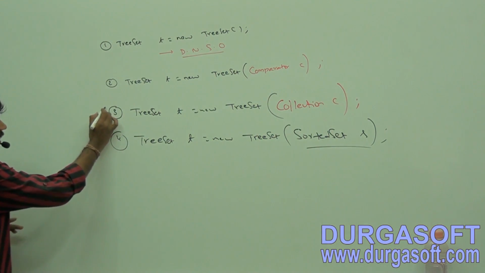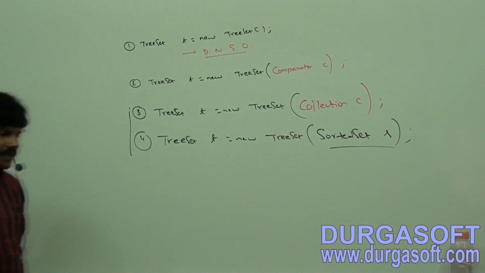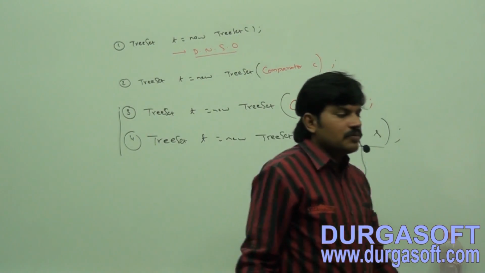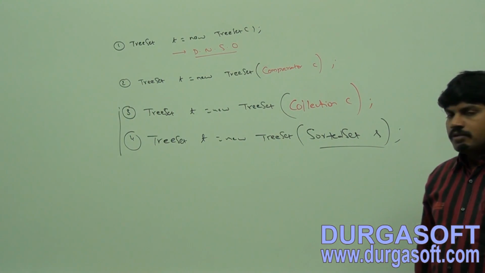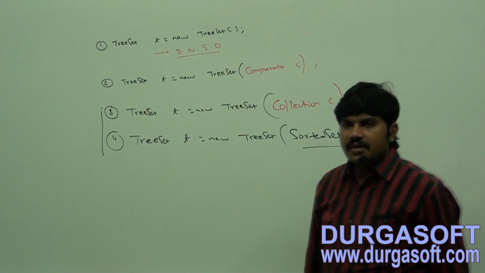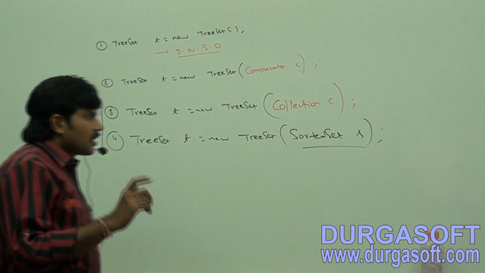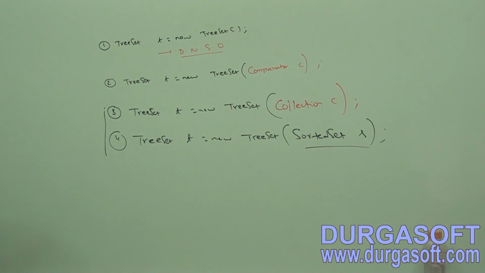These are the remaining two constructors also. TreeSet t = new TreeSet(Collection c).